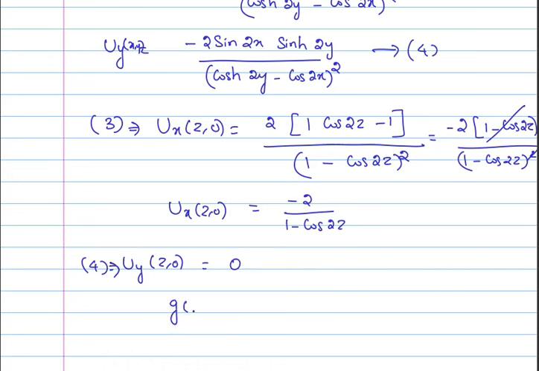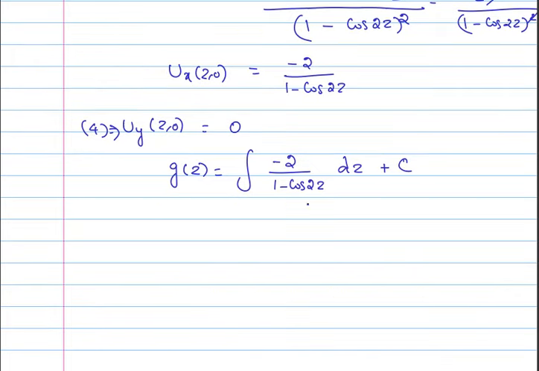Now g of z equals the integral of minus 2 divided by 1 minus cos 2z dz plus some constant c. Now I want to integrate. I know that 1 minus cos 2z is 2 sin square z, so minus 2 divided by 2 sin square z dz plus c.